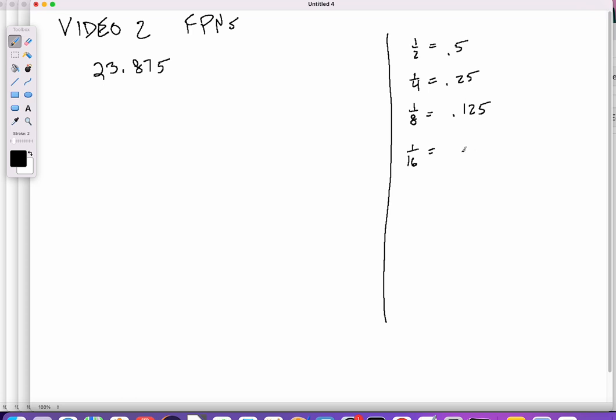One of the things you may find helpful: I'm going to draw a little table over here. 1/2 is 0.5, and 1/4 is 0.25, 1/8 is equal to 0.125, 1/16 is equal to 0.0625, 1/32.